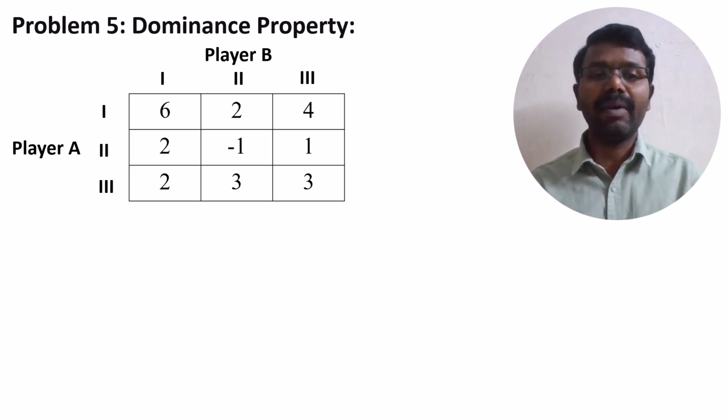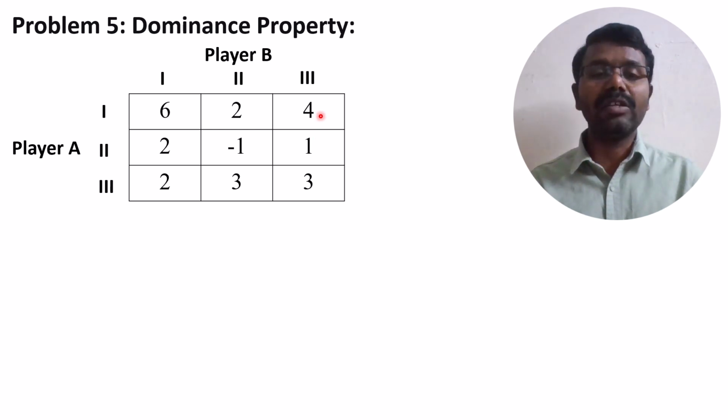Now if you compare strategy 1 with strategy 2, strategy 1 is dominated in the first element, and in the second elements, minus 1 is less than or equal to 2, so again strategy 1 is dominated.